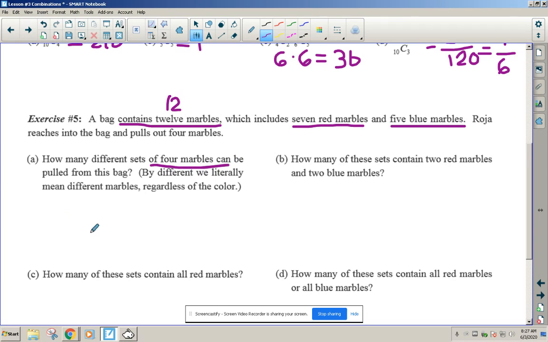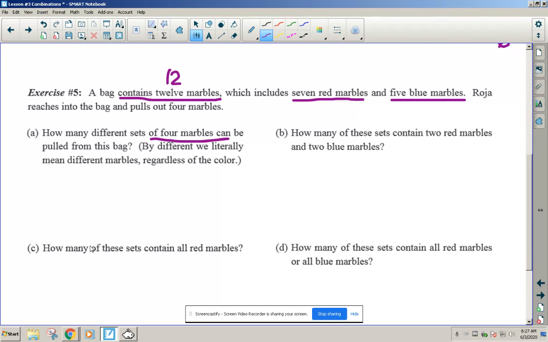So if you wanted to do this and we don't care about the color, we would say overall you had 12 marbles and you chose, you stuck your hand in and you grabbed 4 without looking. That is purely random. That would give you 495 ways this could have happened. There's 495 different ways you could have pulled out 4 marbles.